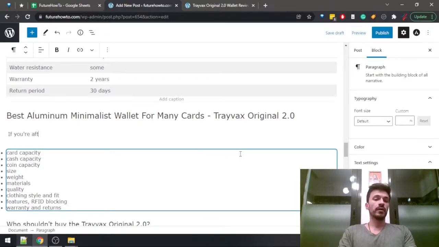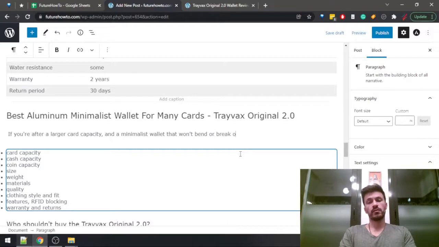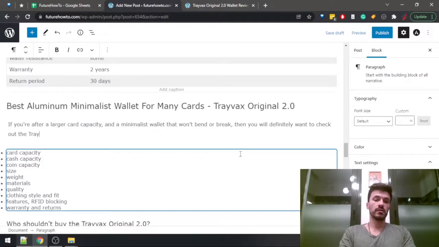If you're after a larger card capacity and a minimalist wallet that won't bend or break, then you will definitely want to check out the Travex Original 2.0.